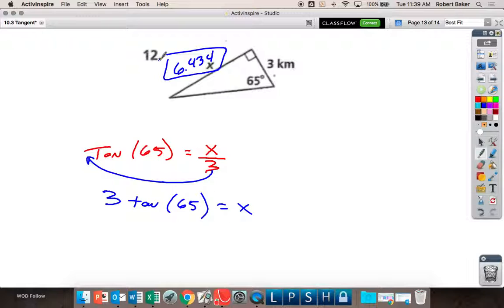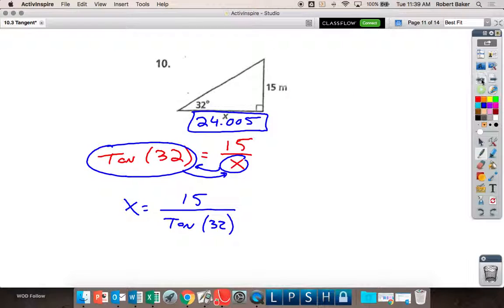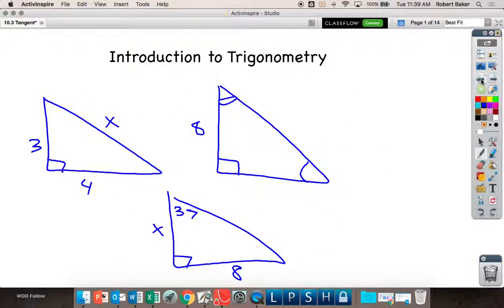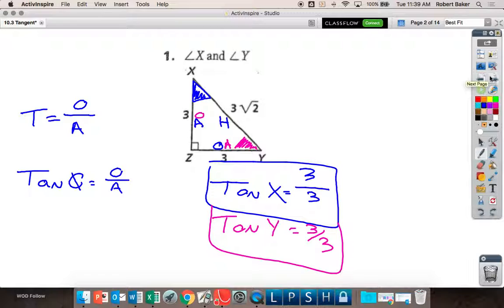Okay. Why does tangent of 45 equal 1? This is a 45, 45, 90 right triangle.